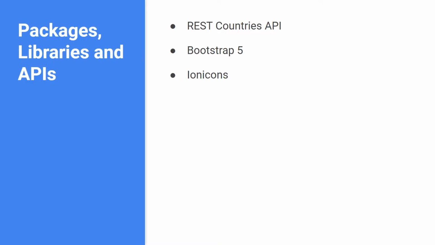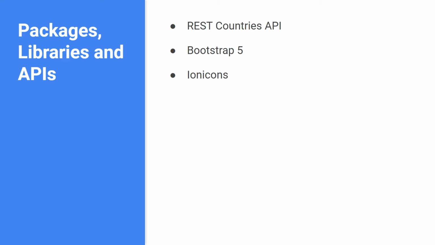Right, so we're not going to use a lot of packages, but I think this is quite useful. We're going to use, of course, the REST Countries API. I am going to cheat a little bit. Actually, that's not cheating, you can use a UI framework. So we're going to use Bootstrap 5.